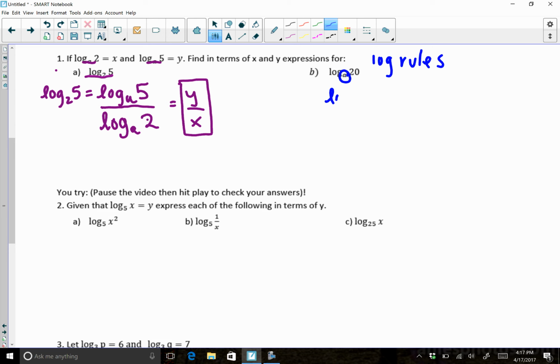We want to rewrite log base a of 20 using numbers that are a product of the numbers that we're working with here. So I see that it's log base a of 2, log base a of 5. So I want to rewrite 20 using 2's and 5's combined with products. So 20 is the same thing as 2 times 2 times 5.